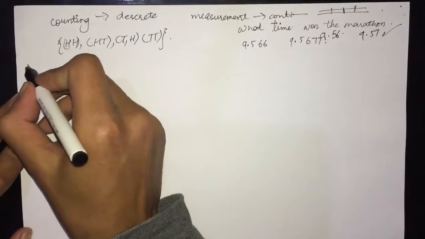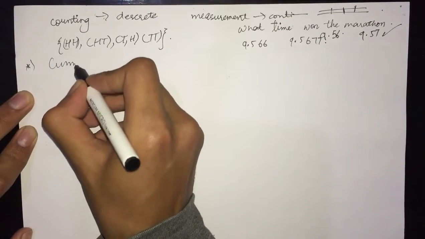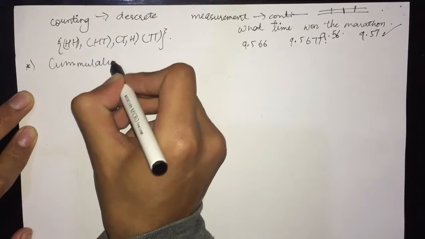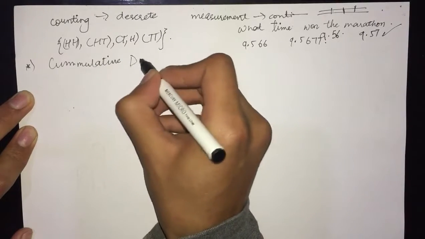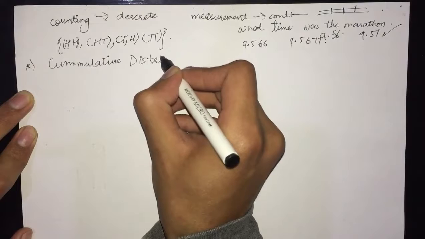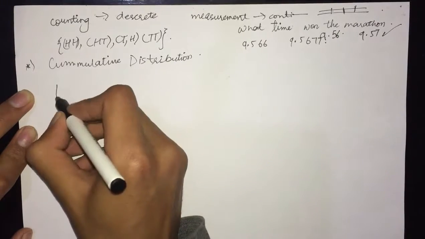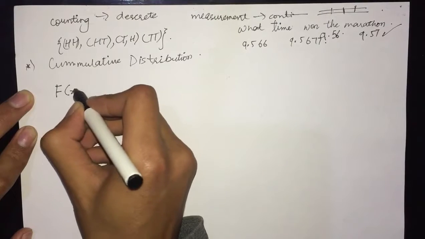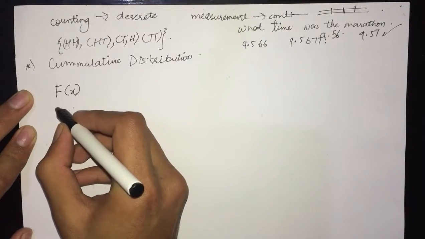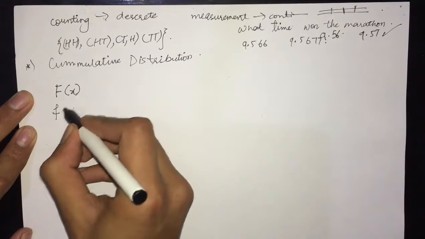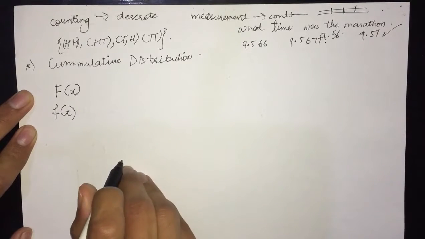Now, let me also cover cumulative distribution, which you can also call the distribution function. We denote it by capital F of x, and let me also write small f of x, which is the probability mass function.